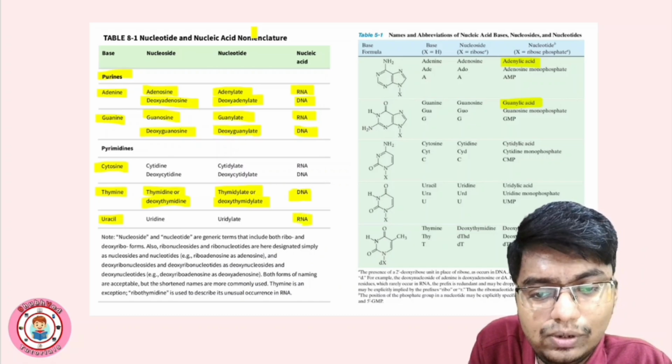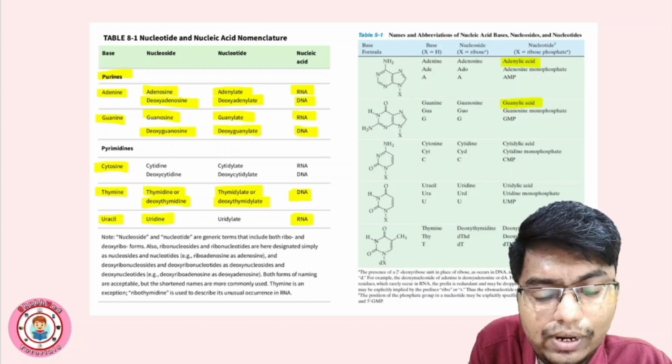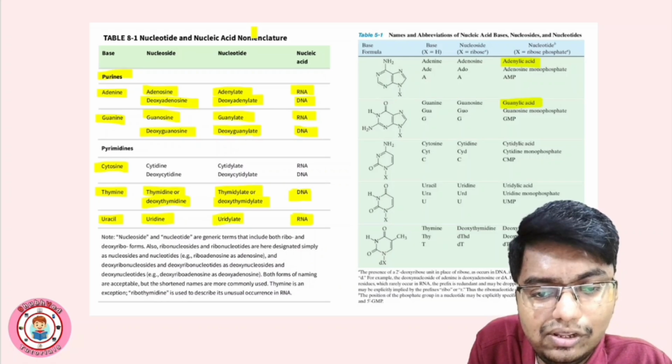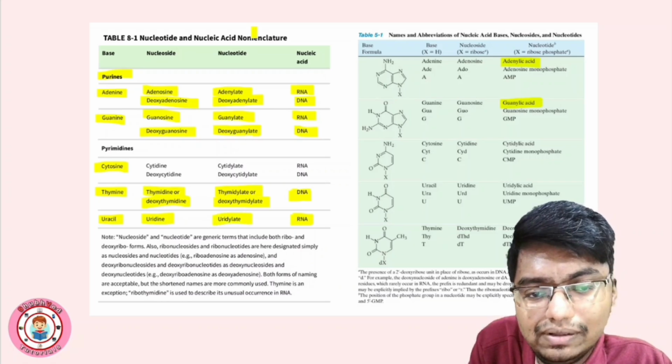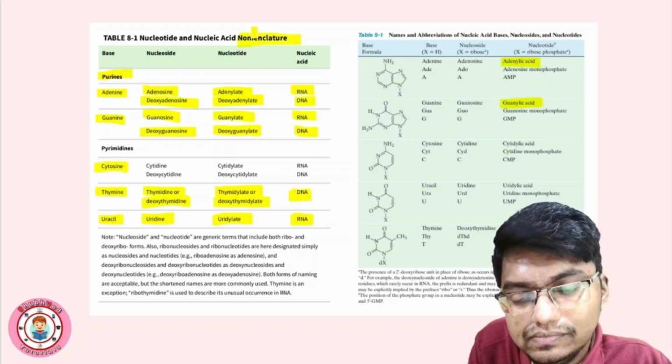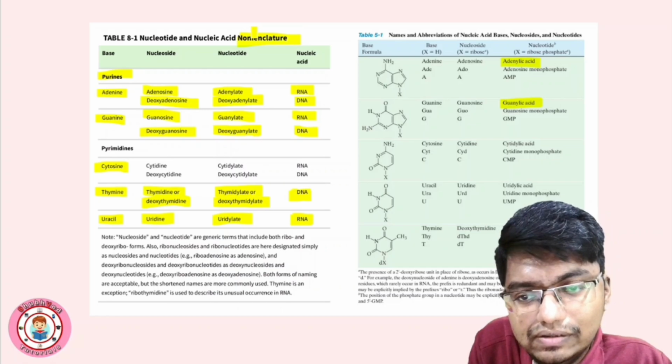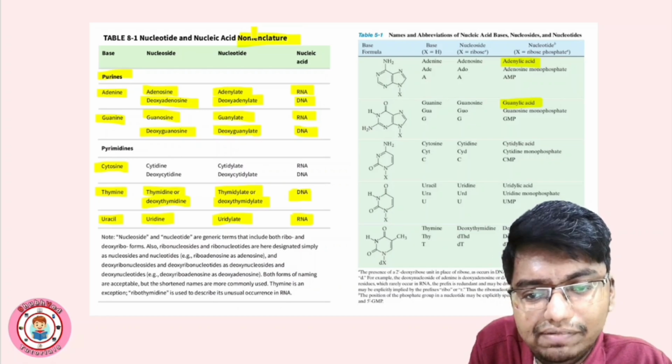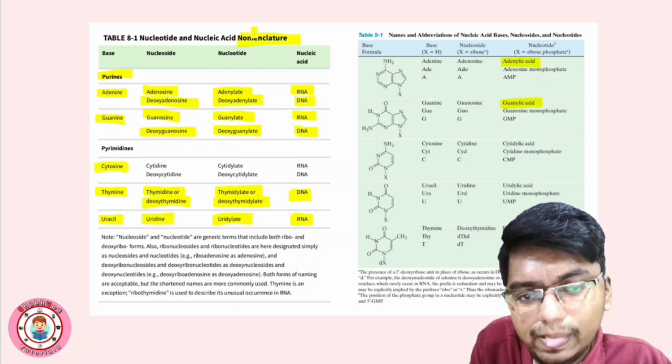Uracil, which is present only in RNA, you can see only uridine, uridylate. So this is the naming. Nomenclature. See, it is important. So you can check the table and abbreviations, the structures.